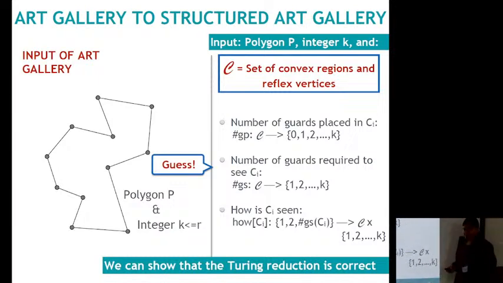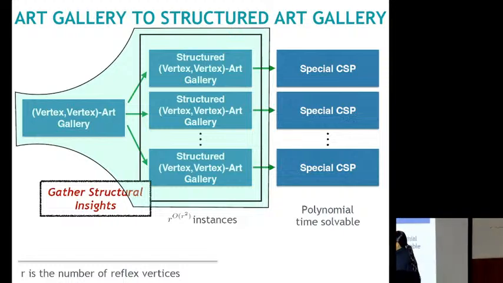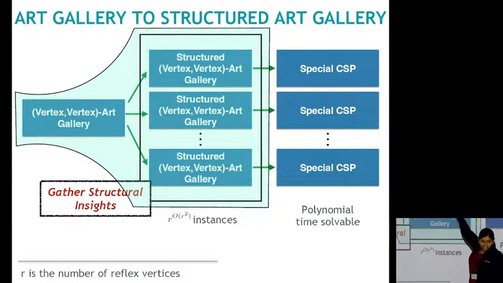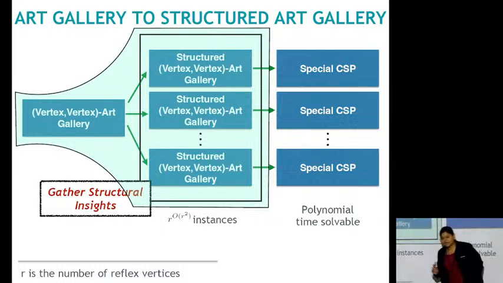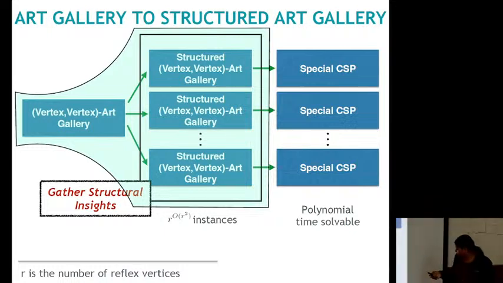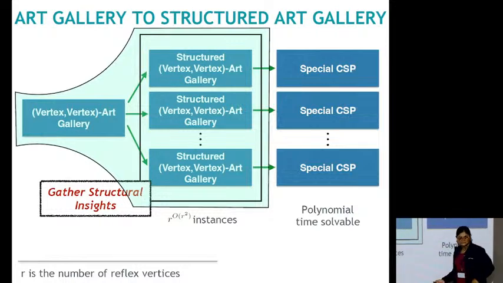If we guess these functions, we can obtain a Turing reduction from the vertex version to the structured version, where the number of instances we create is something like r to the order r squared. Recall we have this function how(Ci) for each element in the fancy set C. This is why it becomes r to the order r squared.